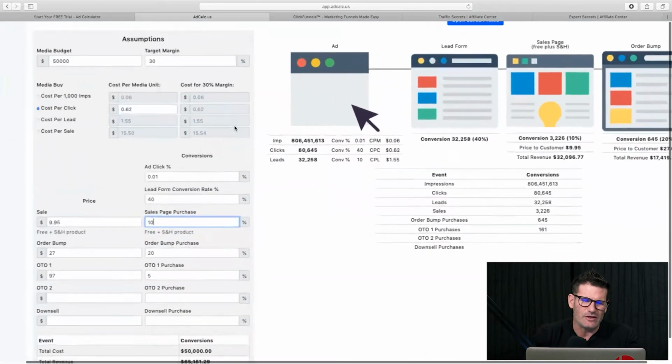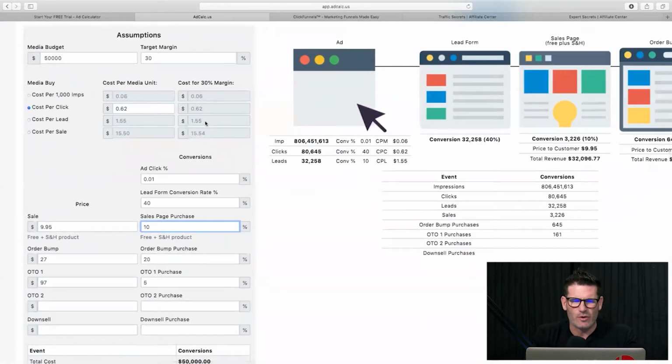So what this is telling you is that you can go out to the market and tell people you can pay $1.55 to somebody to generate a lead for you. And then you need to watch the back end to see how it converts. What's the conversion rate? Well, on the lead form, it doesn't really matter because you're paying $1.55.